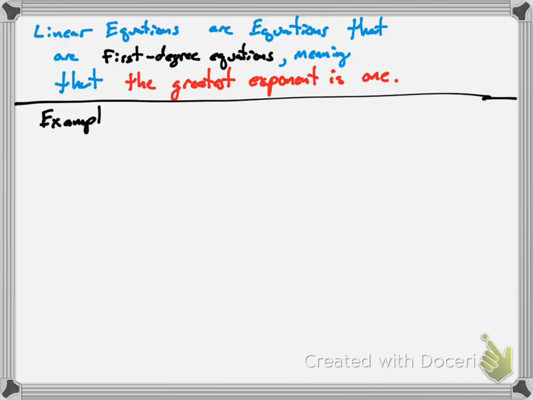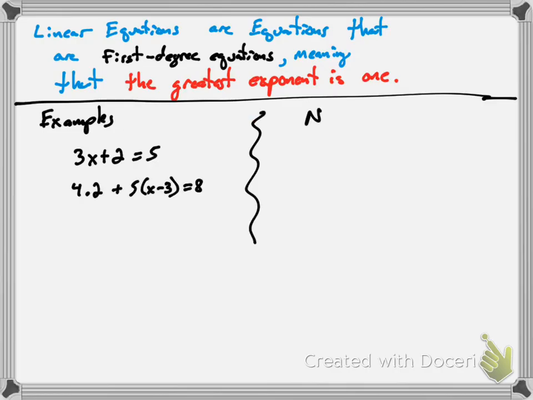Okay, so we have some examples here. 3x plus 2 equals 5. You can see the highest exponent on x is 1. The 2 does not have a variable, therefore you could say that that's x to the 0 power. And you can see that the highest exponent is 1, so it's a first degree equation. It is a linear equation.